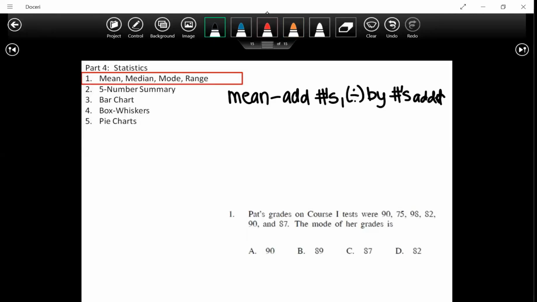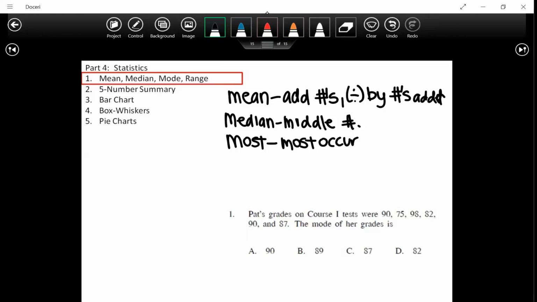Okay, median, middle number. Mode, most occurring number.